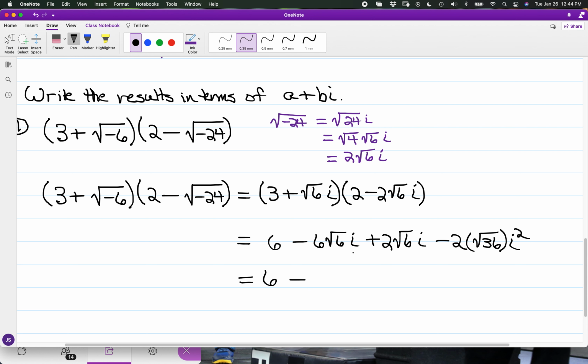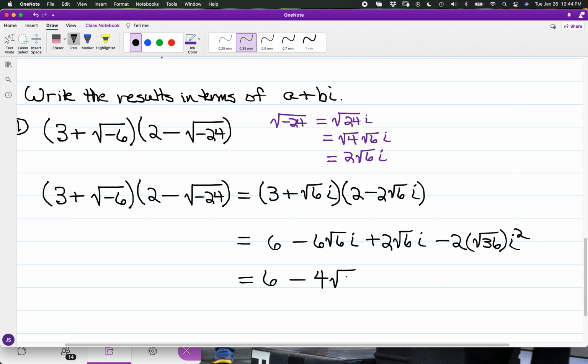Now for the terms in the middle, both of these are in the square root of 6 times i format. Looking at the coefficients in front, you have a -6 of this plus 2 of that, and -6 plus 2 is -4, with the square root of 6i attached.